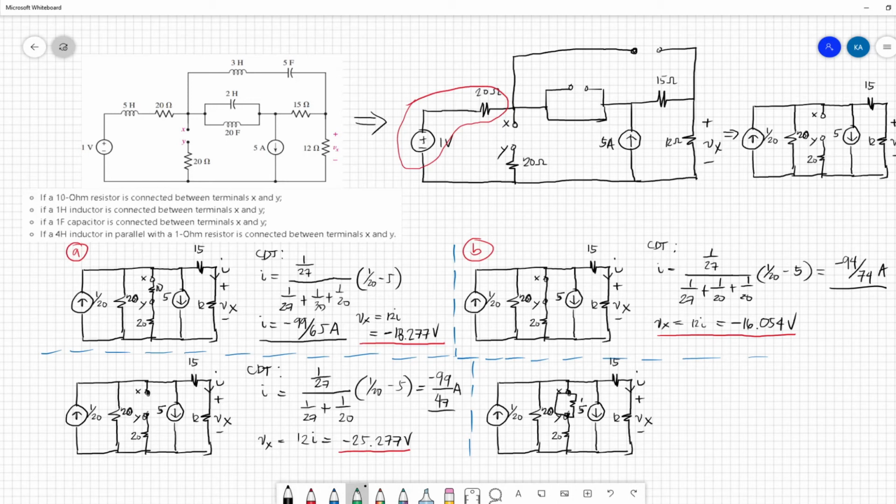So this circuit right here is just equivalent to the circuit right here. So they are just equivalent. So I is just negative 94 over 74 amperes, and Vx is just equivalent to negative 16.054 volts.